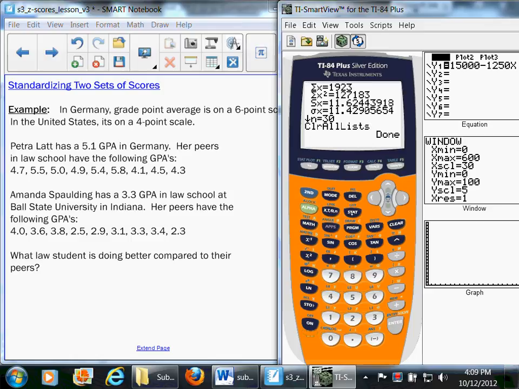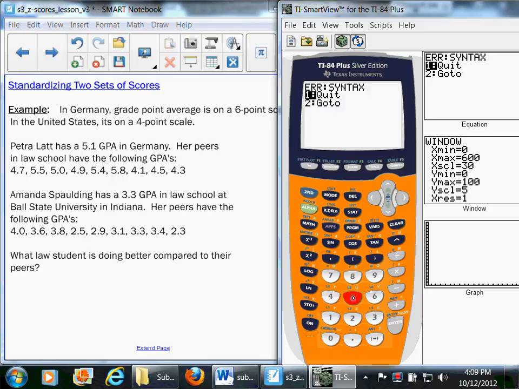Now I'm going to go stat, enter, and I'm going to enter in Petra's peers' law marks. So that's 4.7, 5.5, 5.0, 4.9, 5.4, 5.8, 4.1, 4.5.